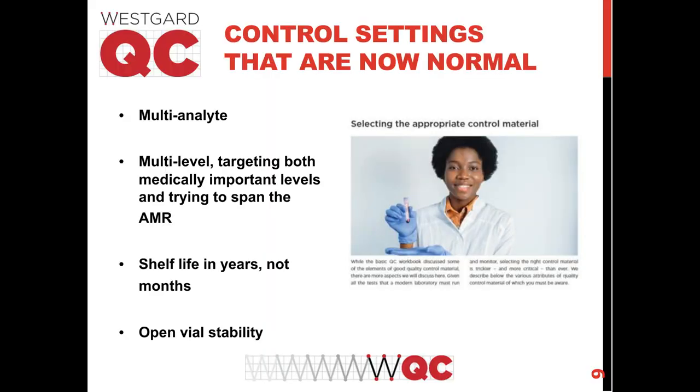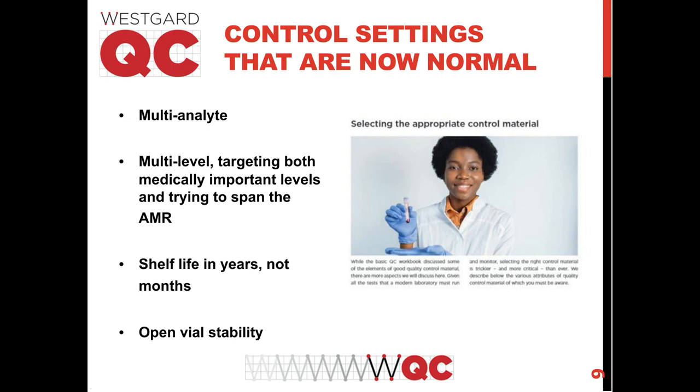And let's remember that the control system has been dynamic, it has been changing over the years. We used to have single analyte controls, now we're at multi-analyte. We used to have controls that were really only targeting one level, now we have multi-level, trying to hit medically important levels and trying to span as much as possible the analytical measurement range.